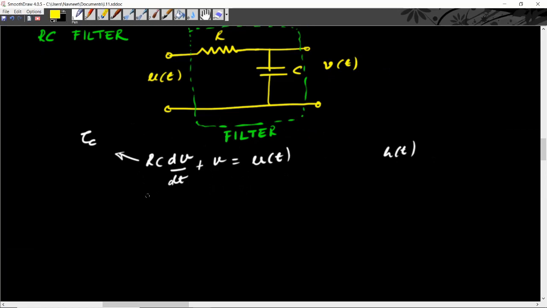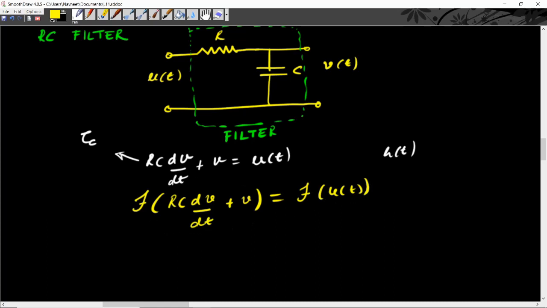So what we do is we take the Fourier transform on both sides of this equation. So we have the Fourier transform of the left hand side, which depends upon the output signal V, is equal to the Fourier transform of my input signal.